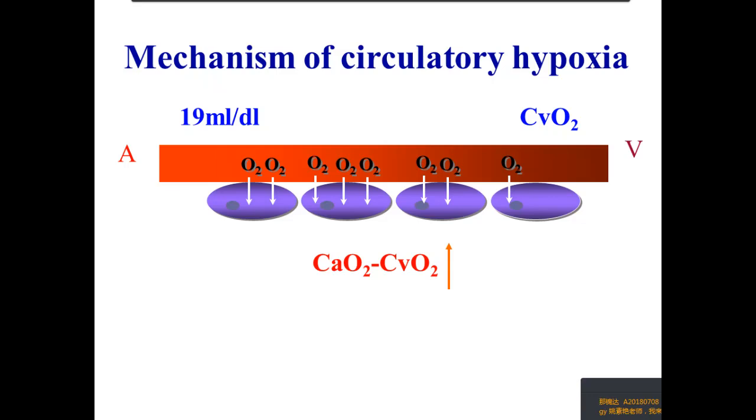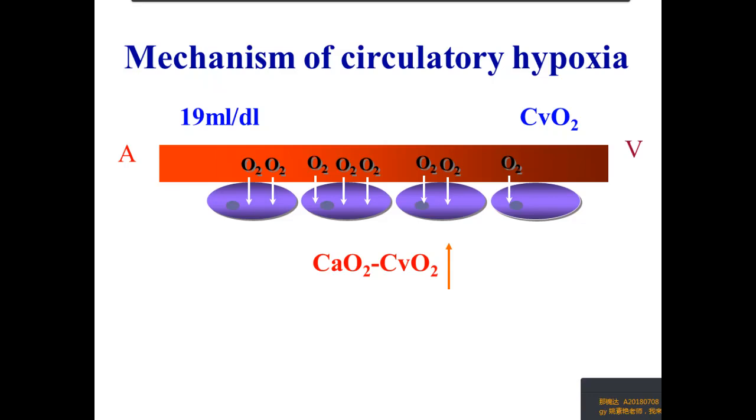Now during the circulatory hypoxia, because blood flow slowly, 100 millimeters blood in capillary, the time will be longer. So more oxygen move into the tissue cell. So the parameter increase or decrease? Increase. So during the circulatory hypoxia, shock, heart failure, maybe 6, maybe 7 oxygen move into the tissue cell.